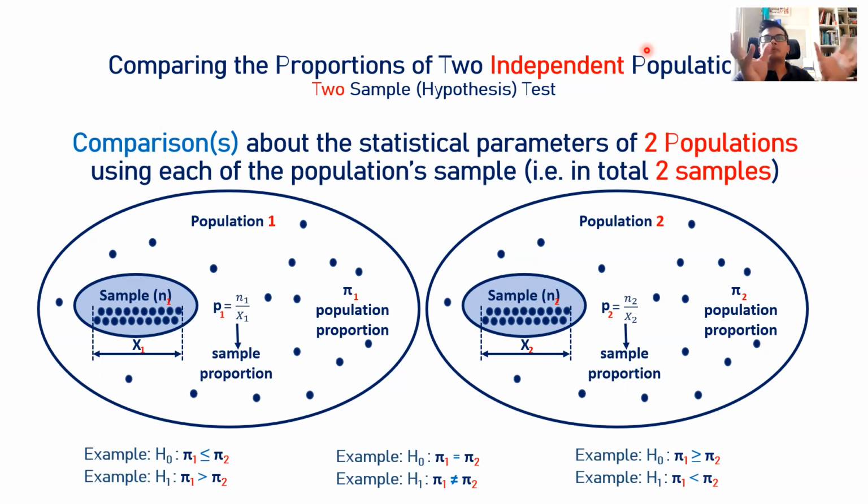And then the hypothesis is concerning the proportion of something. For example, the proportion of Android users in Jakarta and in Malang. So for example, the proportion of Android users in Jakarta equals 40%, and in Malang is also 40%.